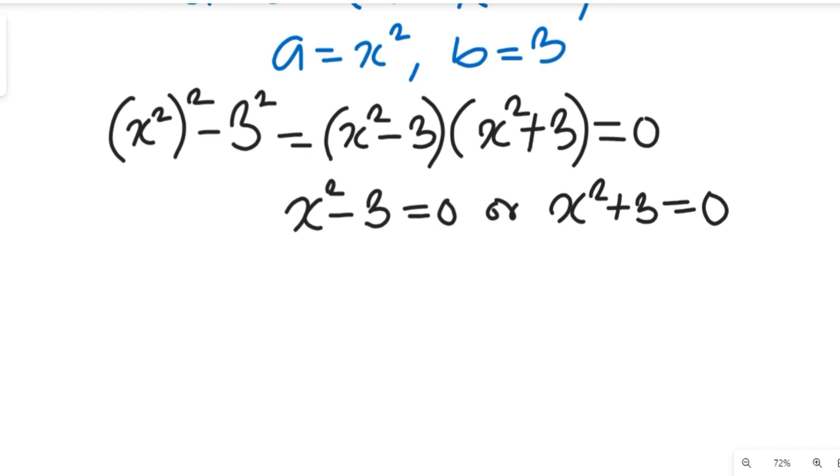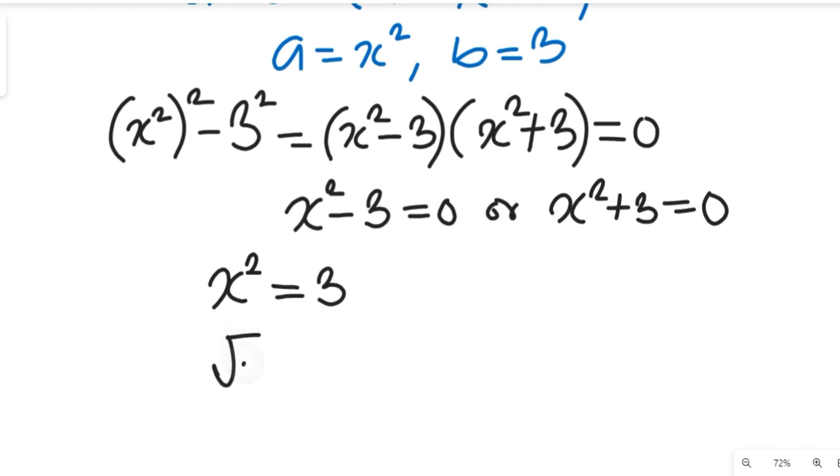Now let's take this one side. If we take this side, we'll have our x squared, and let's add 3 to both sides. That will make this side have only x squared, and then we'll have our 3. So to find the value of x here, we'll have to take the square root of both sides.